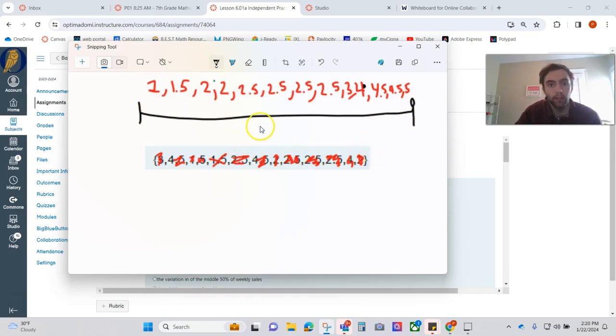We need to find the median. We need to cut our data points in half, not divide each number by 2, but have an even amount of numbers on the left side and an even amount of numbers on the right side. We have 13 numbers, so what number would be in the middle of 13 numbers?